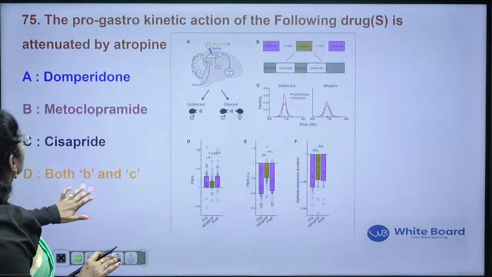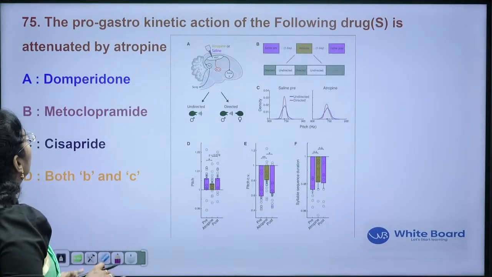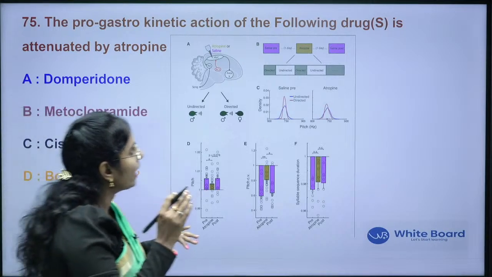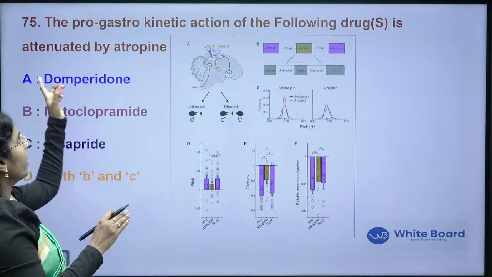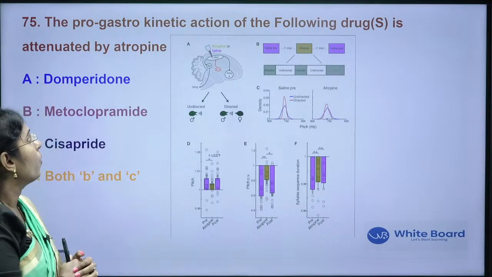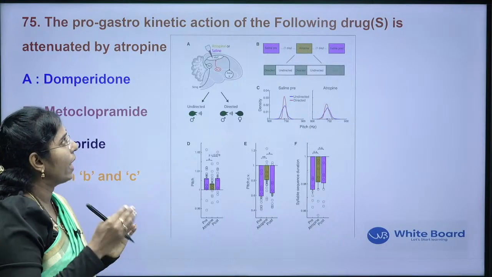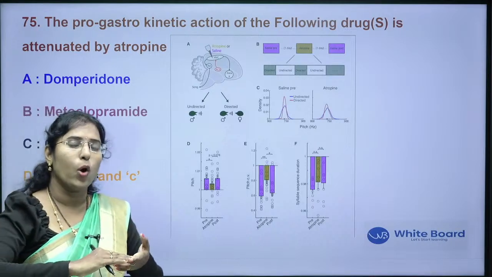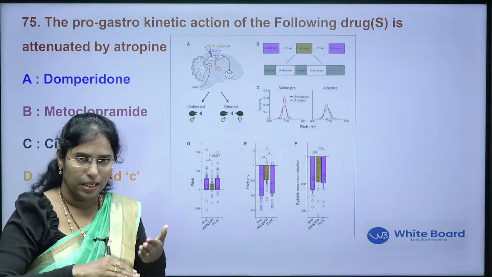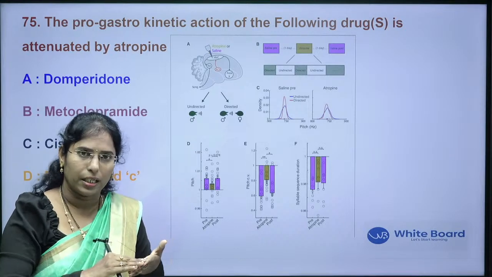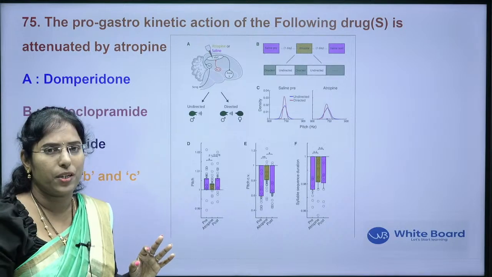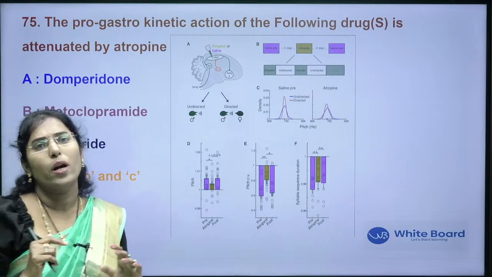Coming to the next question, question 75. The pro-gastrokinetic action of the following drugs is attenuated by atropine. So, what is this pro-gastrokinetic action? Pro-gastrokinetic is nothing but it is going to increase the gastrointestinal motility. So, that is helpful in treating the patient suffering from constipation. In case of constipation, what happens?